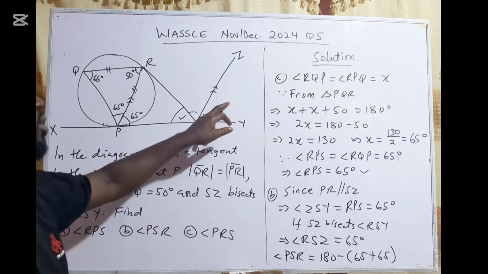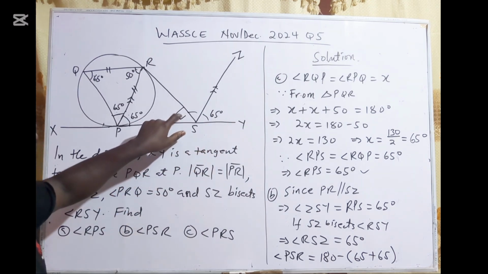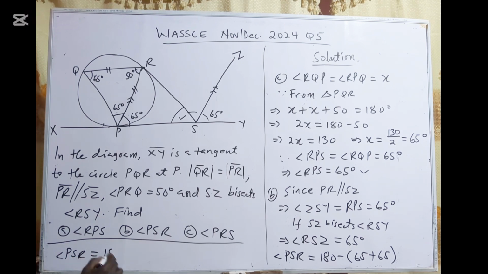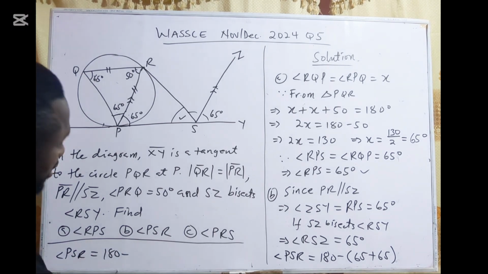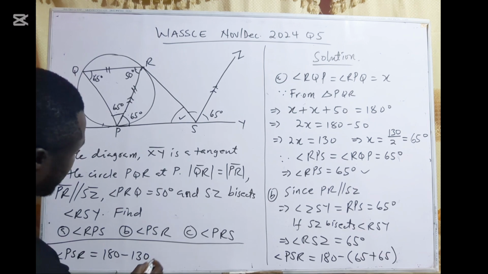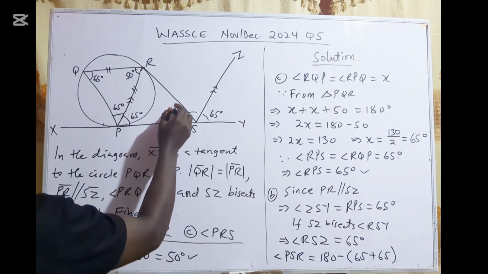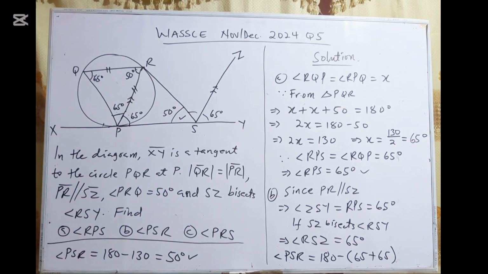So when I add this and subtract from 180, I'm going to get this particular angle, the PSR. Alright. So angle PSR will be equal to what? 180 minus 65 plus 65 gives me 130. And then 180 minus 130 will give me 50 degrees. So this particular angle here is going to be 50 degrees.